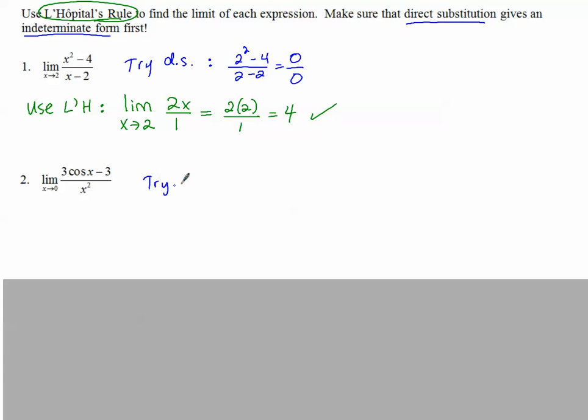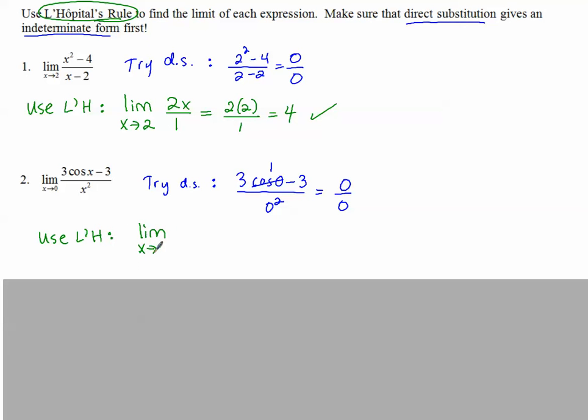First, trying direct substitution. I do 3 cosine of 0 minus 3 over 0 squared, because I'm plugging in 0. Cosine of 0 is 1, and therefore I get 0 over 0, another indeterminate form. So I'm going to use L'Hopital's rule.